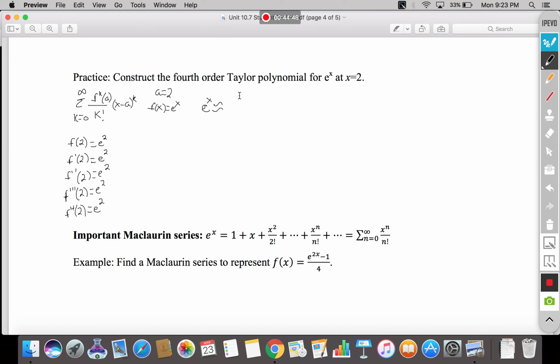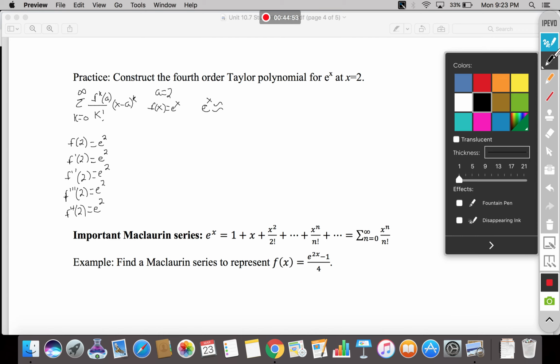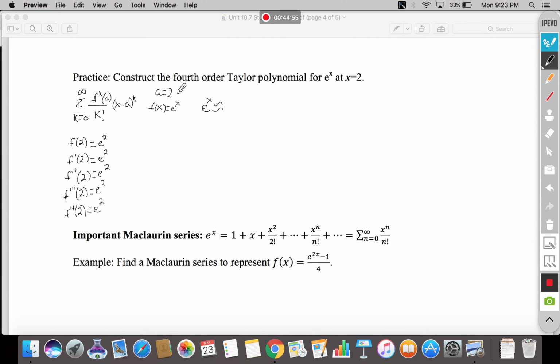This first one would be e squared over 0 factorial. Fun thing about 0 factorial, 0 factorial is 1. So e squared over 1, that coefficient, this thing will always just live there, times x minus a. So this is x minus 2 to the 0 power. If I write out this whole thing, I end up with this.